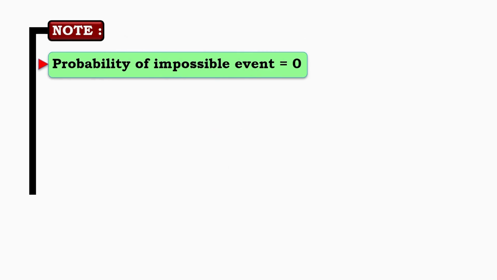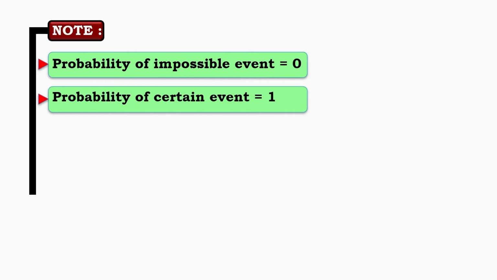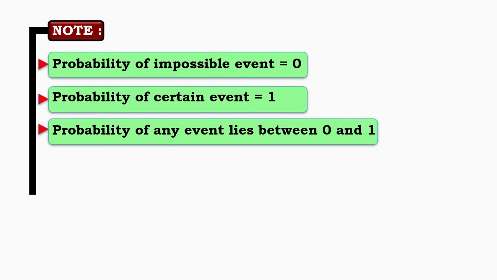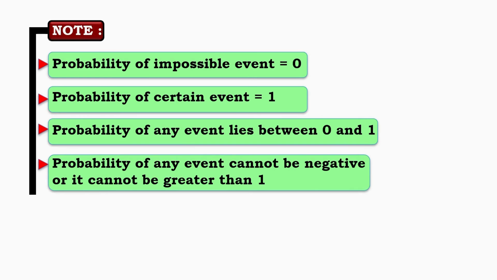Now let us take some notes. The probability of an impossible event is always 0. The probability of a certain event is always 1. The probability of any event lies between 0 and 1. The probability of any event cannot be negative, and it cannot be greater than 1.